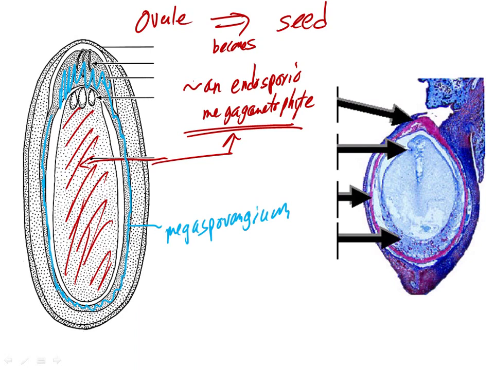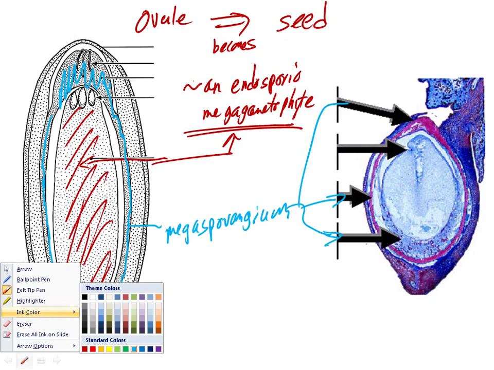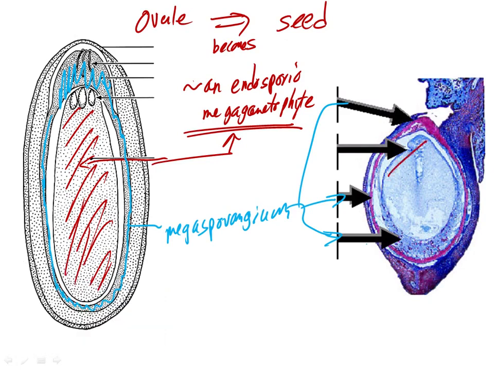Over on the right, it's harder to see what these arrows are really pointing to. This, I believe, is the megasporangium, and it's got several, and that's megasporangium, and that's megasporangium, I believe, all those three. And then we have in the center, that is the endosporic megagametophyte.